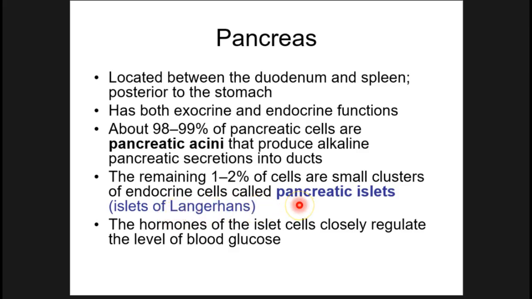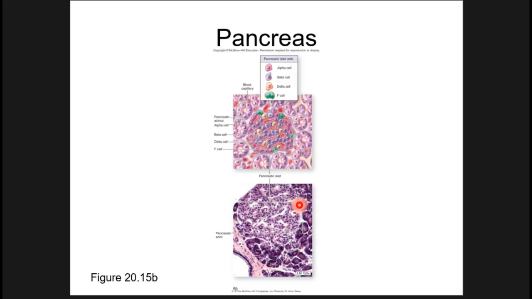I don't know who Langerhans is, but he sounds like a cool guy. So when you're looking at histology, the islets stain pale compared to the acini. So these are the acinar glands that produce digestive secretions. These are the endocrine cells that produce, among other things, insulin.